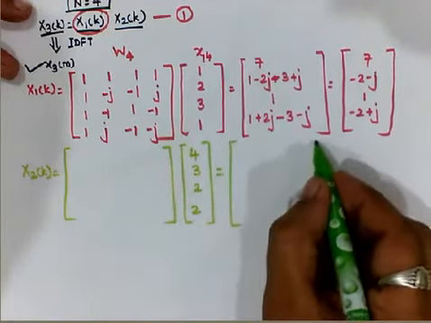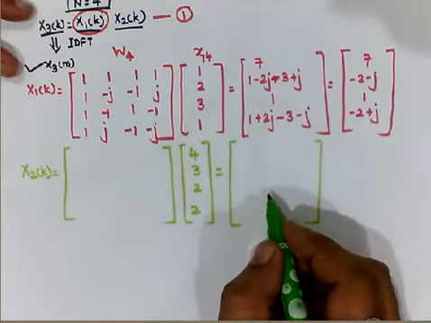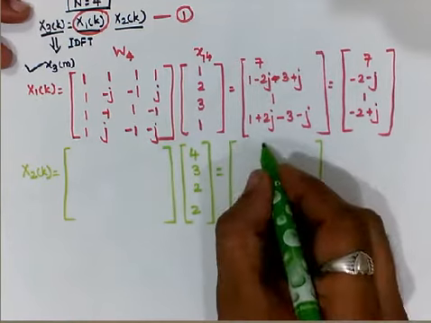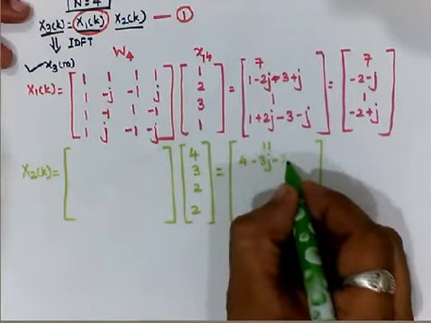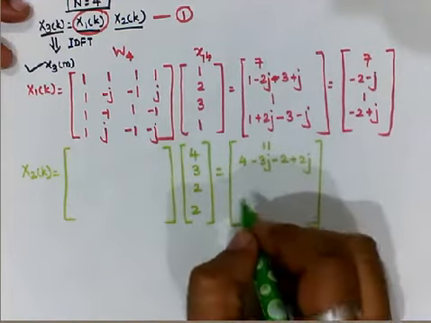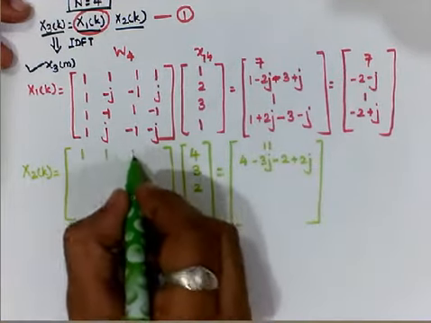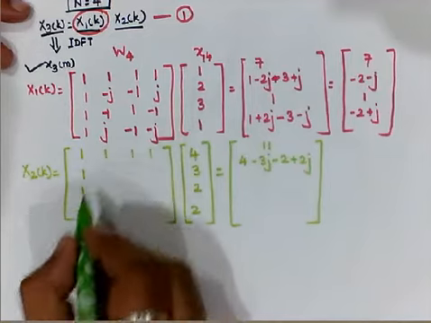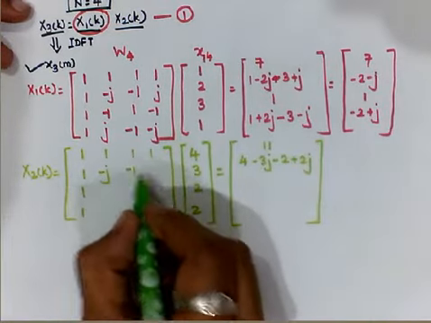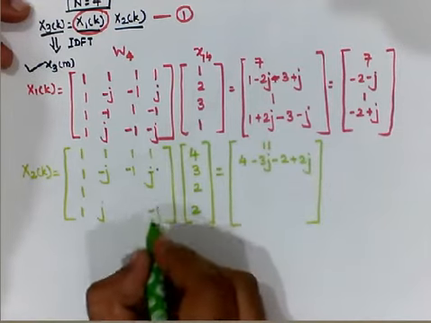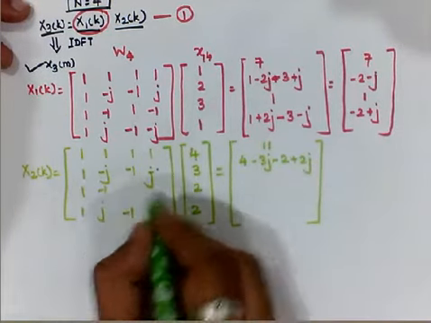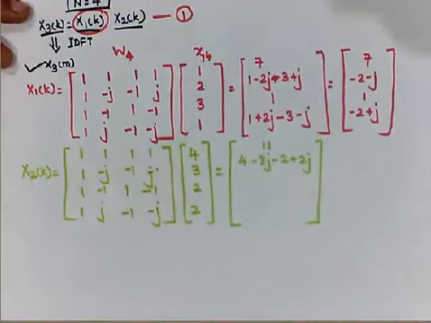So for these values, the answer will be: this is 11, this is 4 minus 3j minus 2 plus 2j. Just multiply it. Let me write it for simplification so that it will be reflected: plus j, this is plus j, this is minus j, minus 1, minus 1, minus 1, plus 1.